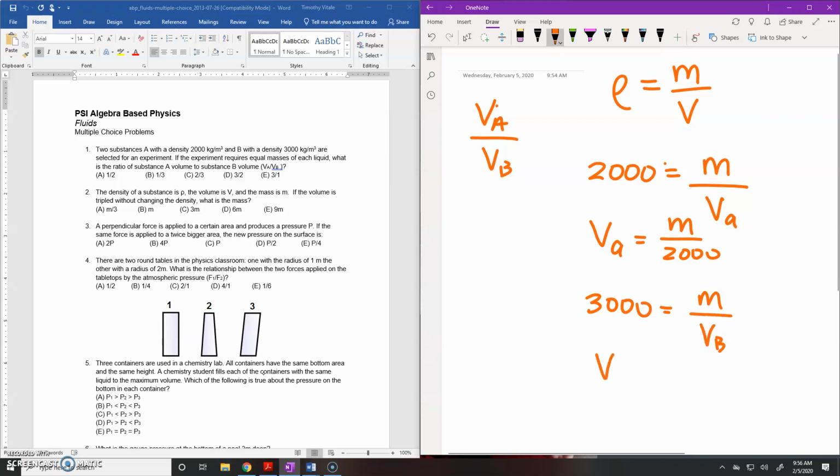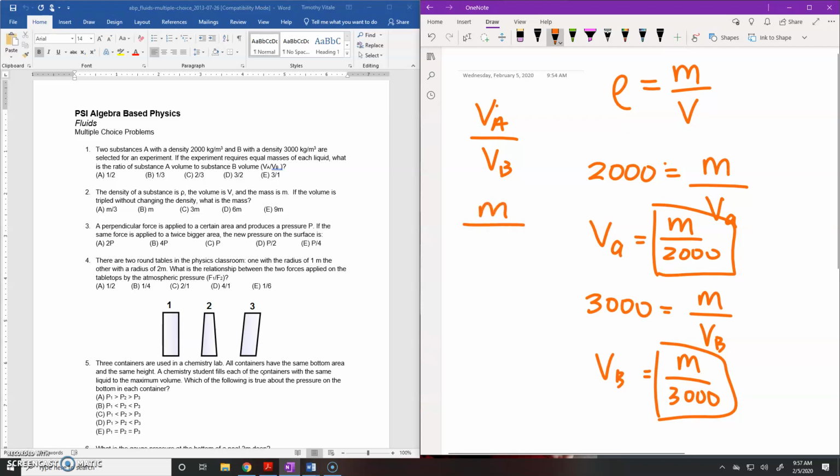And if I solve for VB, I get M over 3000. So this is VB, this is VA, and they want you to divide VA by VB. So M over 2000 divided by M over 3000.